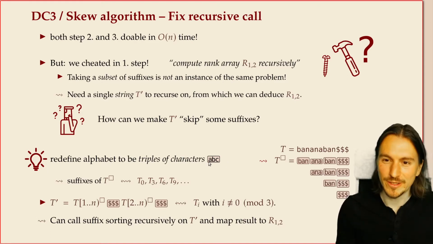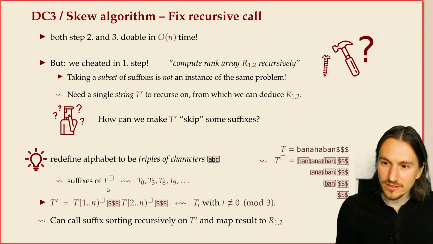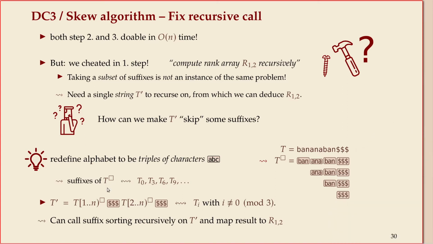And I'll denote these by these little boxes. Now, this is where the example is important. Here's our original text, banana ban, and we fill up with dollars as convenient. And then I'll denote with T box the boxed string, where you just take triples and make 1 character out of these.